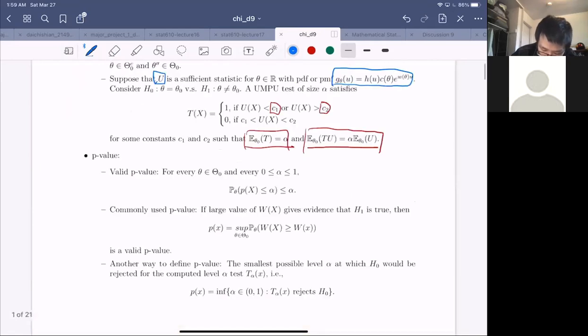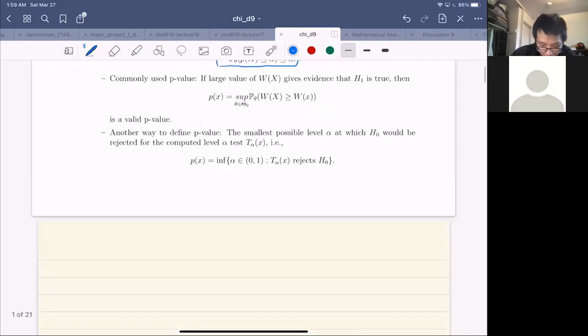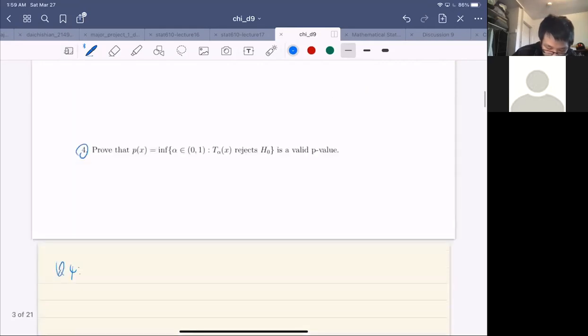So we have to check this. We have a test statistic p(x).